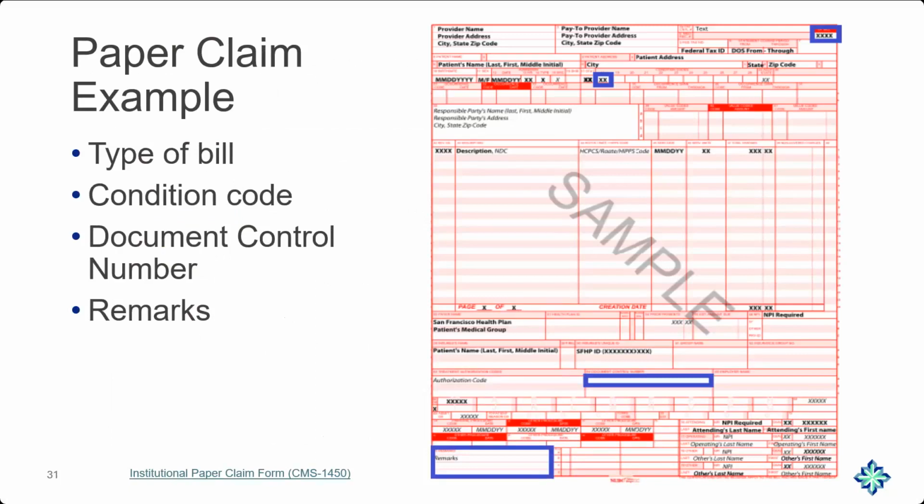So in some situations, we're transitioning now obviously to talk about the paper claims. Sometimes you need to or you have to send a hard copy adjustment. Sometimes we tell you that you have to send one. And so there are cases when that's going to come into play too.